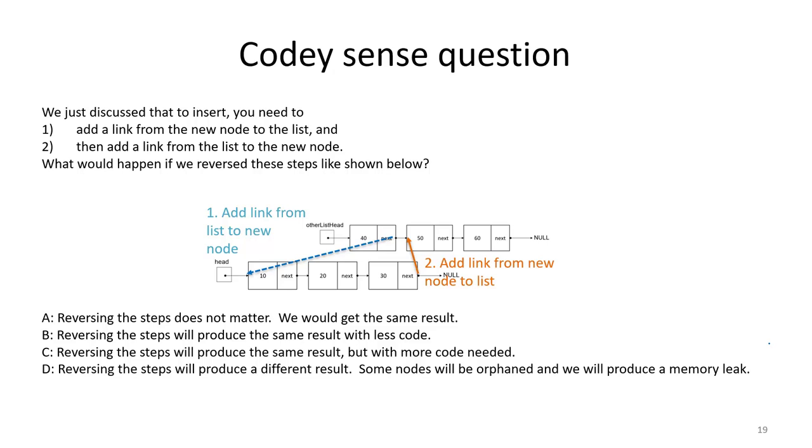Take a moment and think about it. What would happen if we first connected our existing list to the new node and then tried to connect our new node back to the next node of the existing list? Does it matter the order we do these steps?